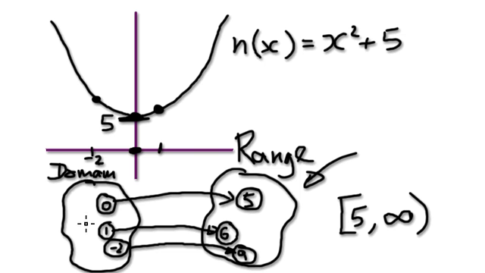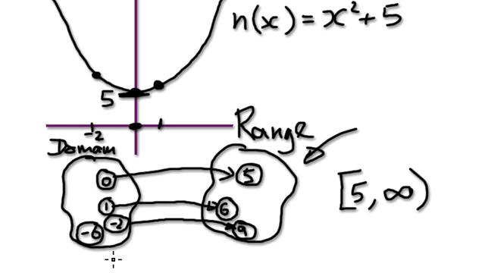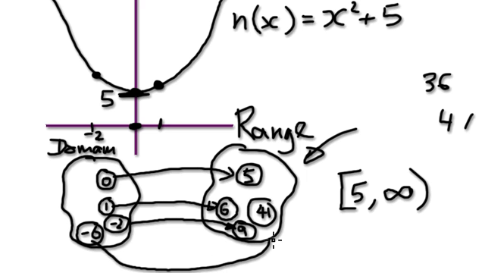If you put, let's say, minus 6 into here, what would it get mapped to? Minus 6 times minus 6 is 36, plus 5 is 41. So minus 6 here will get mapped to 41.